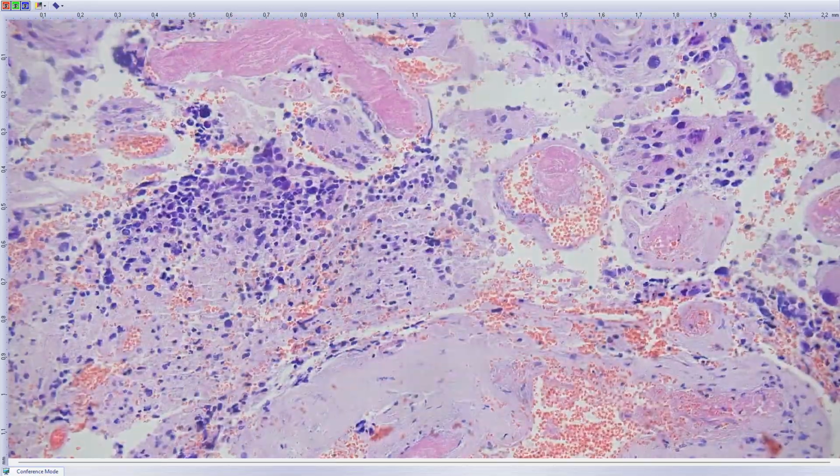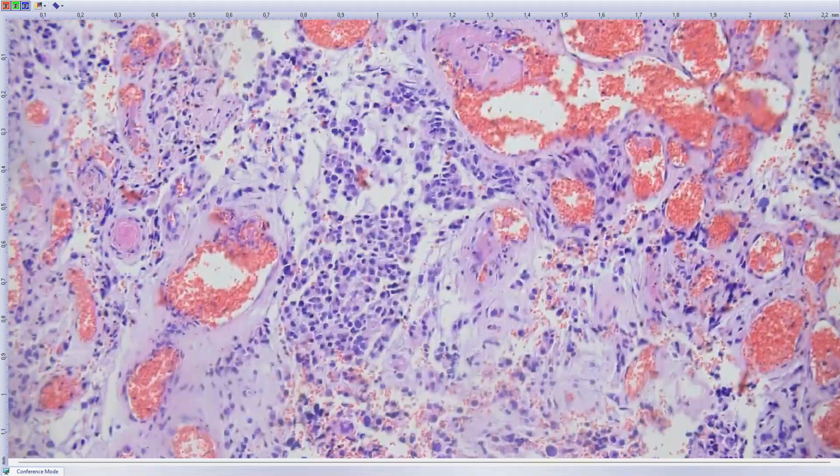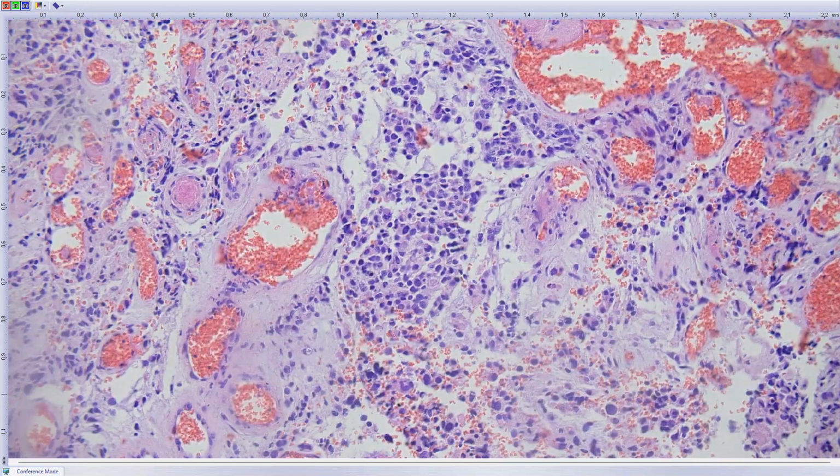So I have performed some molecular investigation, and there was presence of a promoter mutation of the p53 gene. So it was not helpful, because p53 mutations are the most frequent genetic alterations in urothelial carcinoma, and one of the most frequent in glioblastoma.